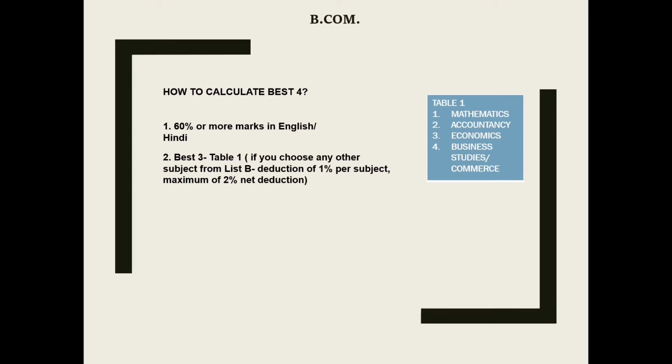If you are including any subject from list B which is not mentioned in table 1, then you face a deduction of 1%. You can even face a maximum deduction of 2% in this case. Now the same point that we've been following throughout, that if you are including any subject that is neither mentioned in list A nor in list B, then you face a deduction of 2.5%.